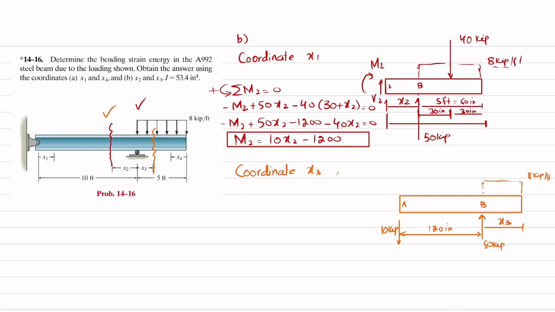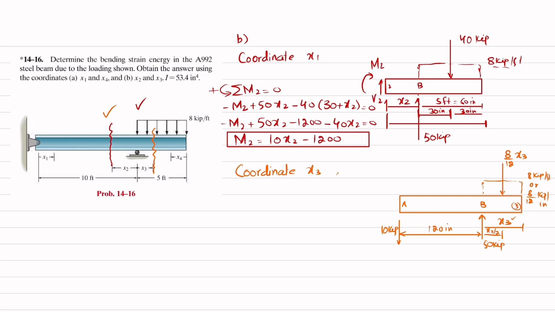So if you want to convert it into inch, it is 8 over 12 kip per inch. So when I convert it into a point load, this will be 8 over 12 into the perpendicular distance, which is x3, and that will act at a distance of x3 over 2. So this is your point 3.